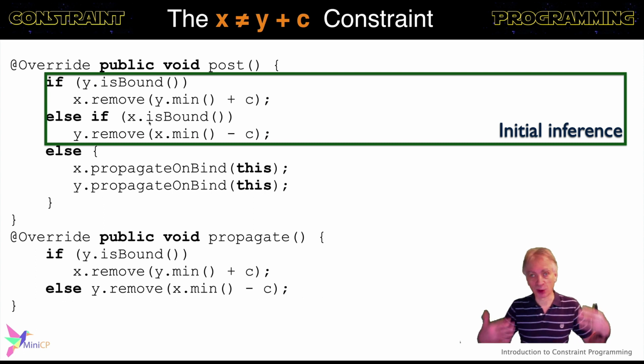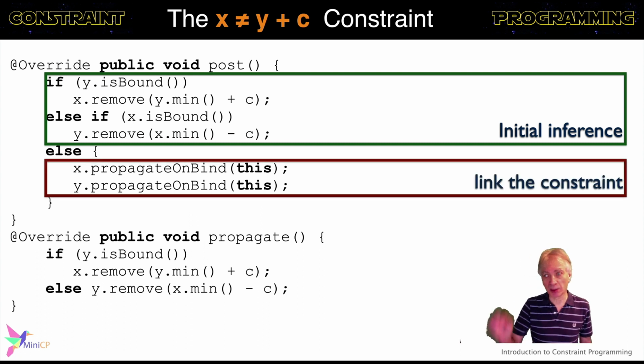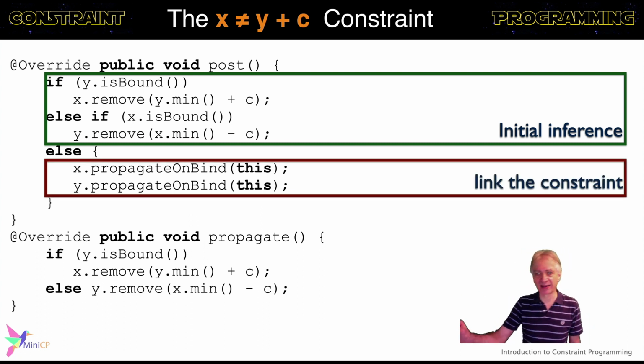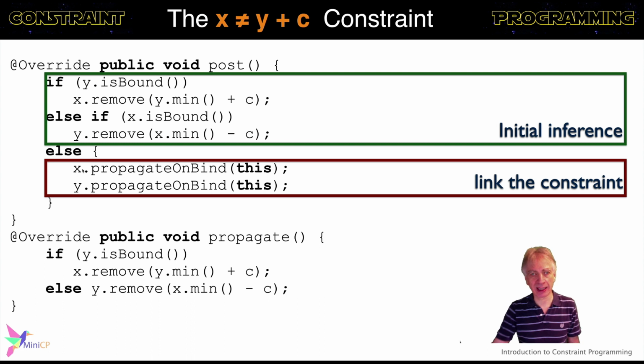Now, most of the time when you post these constraints, x and y are not going to be bound. And what happens here in the next two lines is extremely important. That's where you bind the variables, and that's when you link the variables and the constraints. So what you're saying here is, hey, variable x, when you become bound, then you have to propagate this constraint. And same thing for y.